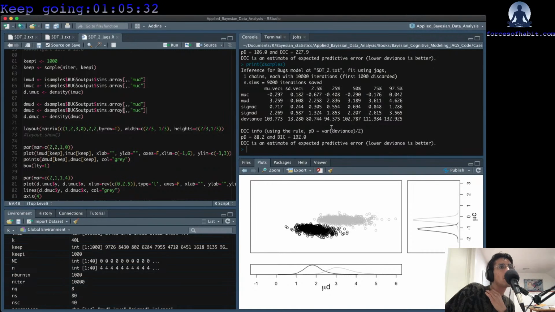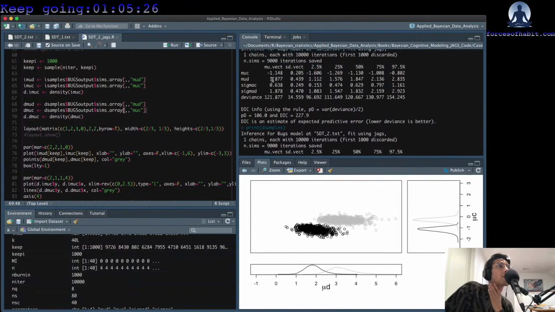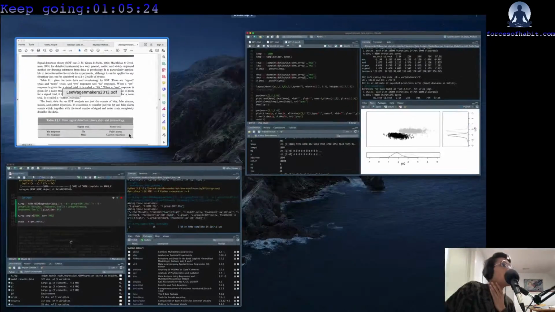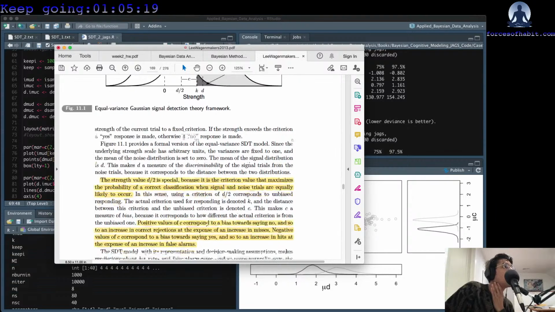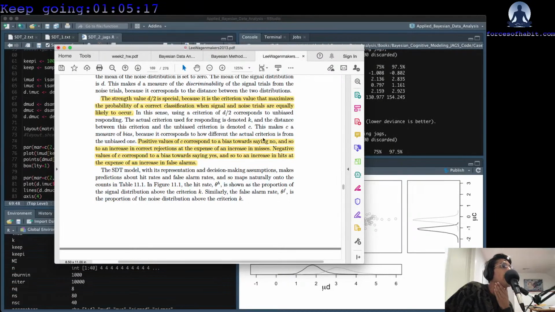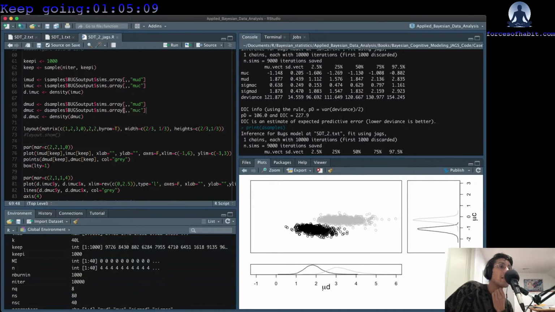Well, what does negative C mean? Both Cs are negative on average. And keep in mind, negative values of C correspond to bias towards saying yes. There's increased bias towards saying yes for inductive arguments.